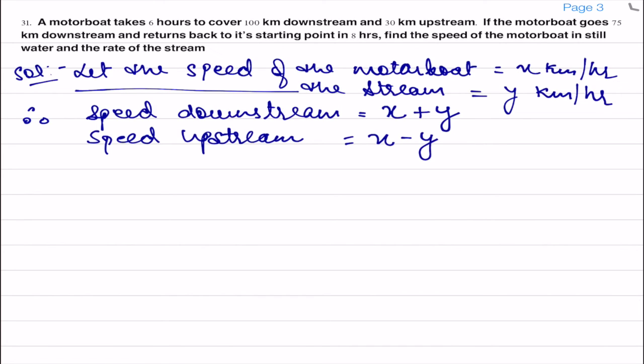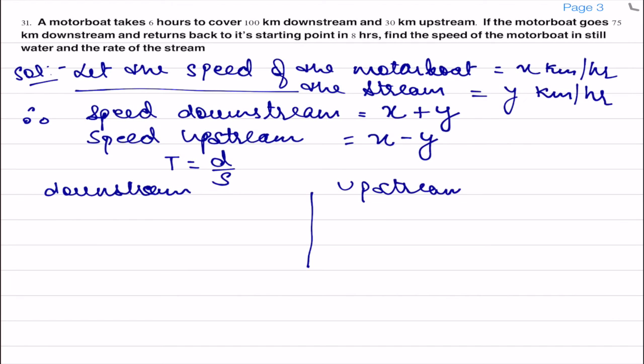So now see, in the first case, the distance covered by the motorboat in downstream. Same formula children, time is equal to distance upon speed. So here I will take the first case of downstream and upstream. In downstream, the speed is x plus y, distance is 100 km. And in upstream, the speed is x minus y and the distance is 30 km.